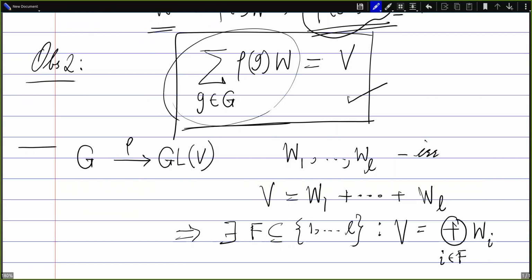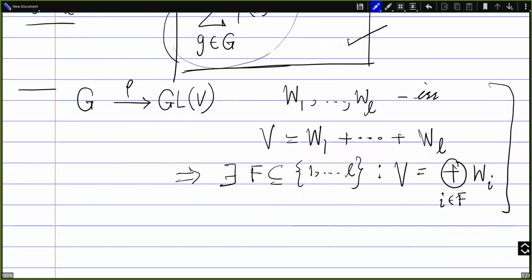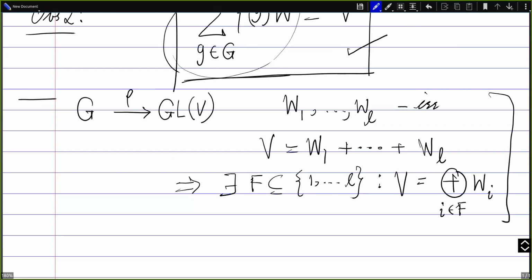So that is throwing out some summands which are redundant, we can make this sum direct. This is what we can prove in generality. Let me quickly prove it. I would rather give a sketch.